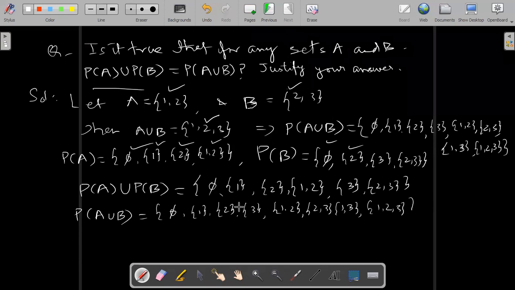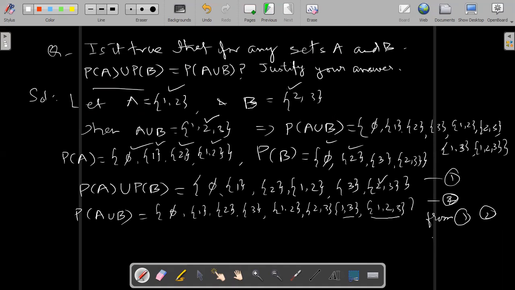So you can see now they are not equal. Why? We observe that from first and second, 1, 2, 3 is not there, so they are not equal. And 1, 3 is also not there, so they have different elements, they are not equal.